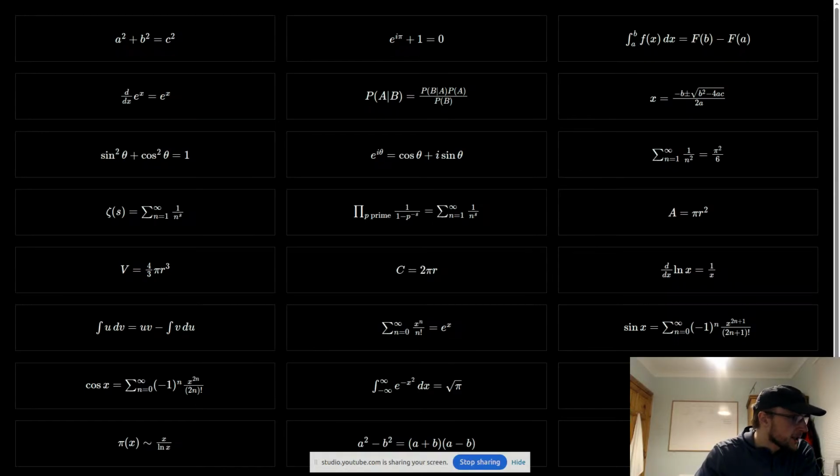For example, imagine that the sector was of a circle with a radius of 7, and the angle of the sector was pi over 6, or 30 degrees.